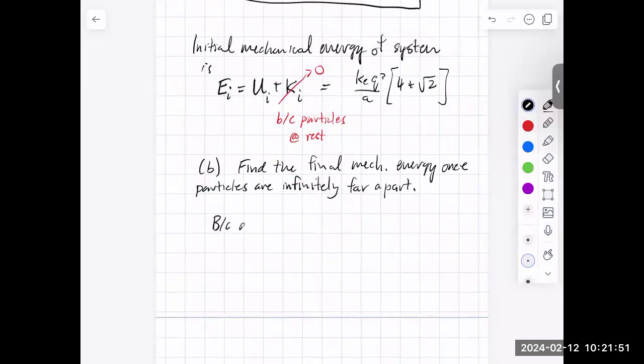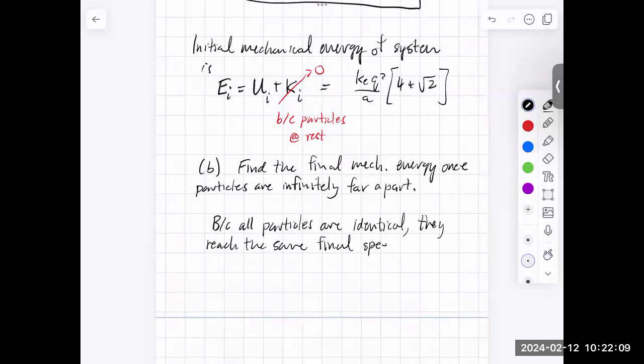So because all particles are identical, they reach the same final speed. Let's just call it V. And so the kinetic energy at the end is just going to be 1/2 mv squared. But we're going to have 4 particles with kinetic energy. And so the 4 and the 1/2 combine to give 2 mv squared. All right.